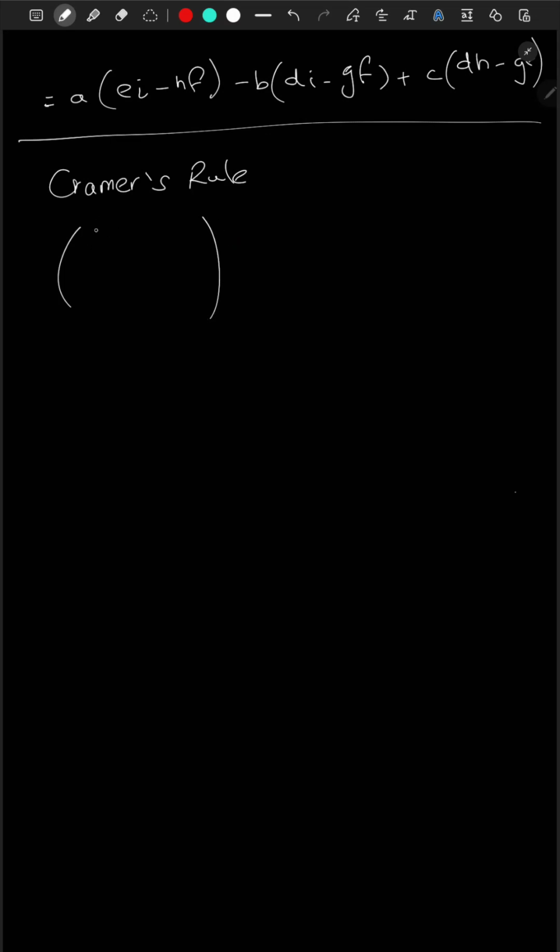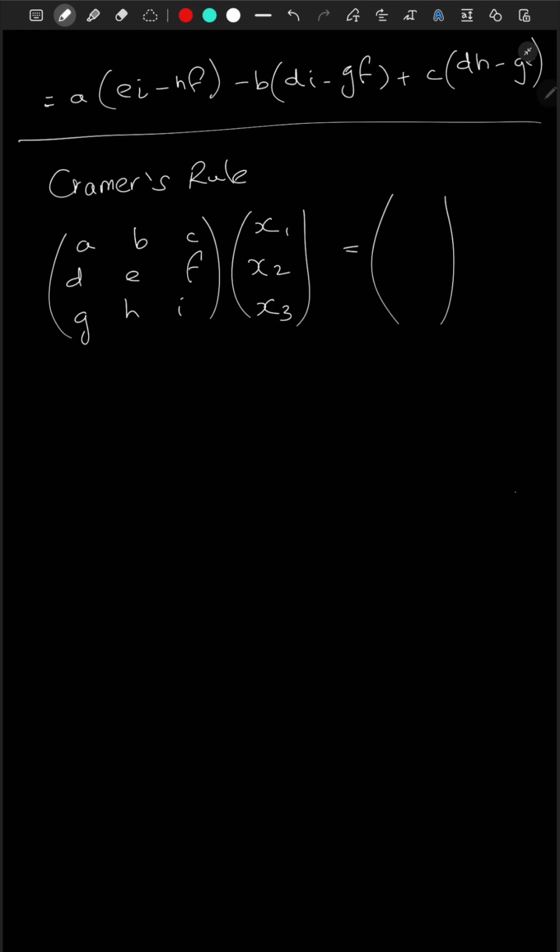Let's call it A, B, C, D, E, F, G, H, I times some unknowns which we don't know, x1, x2, x3 for example, and this is equal to another matrix, let's call it K, L, and M. So you see here, we have a 3 by 3 times a 3 by 1, so the answer would be a 3 by 1.